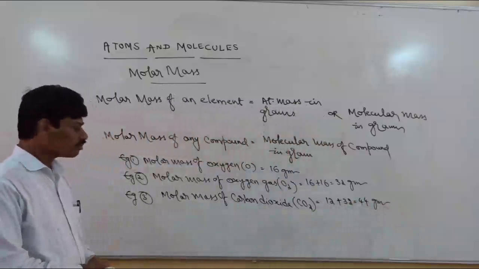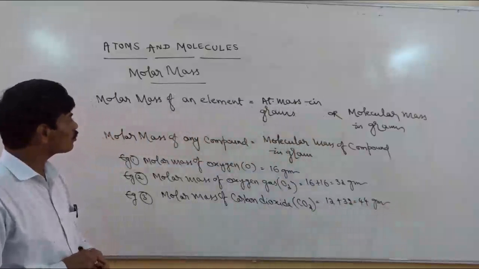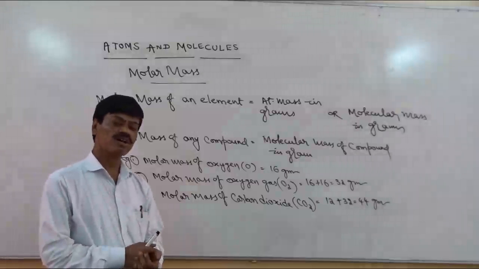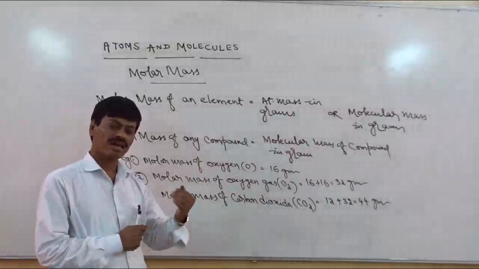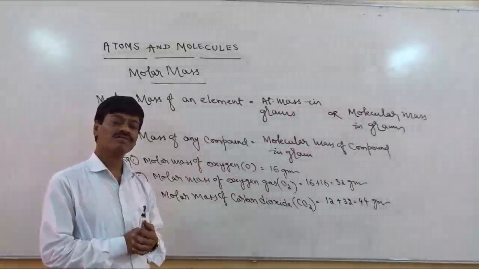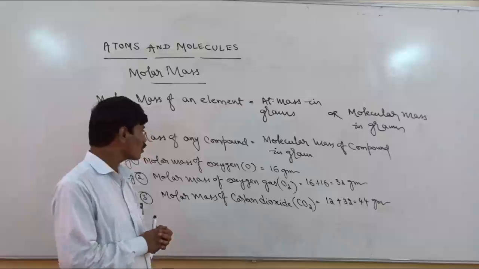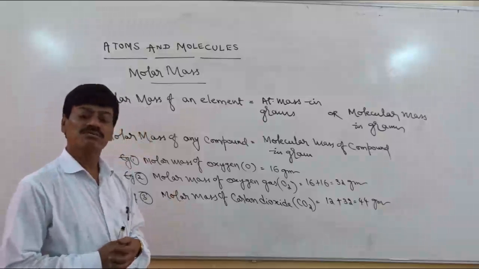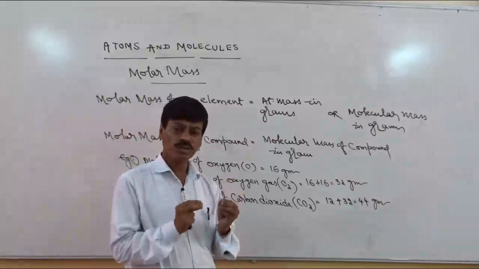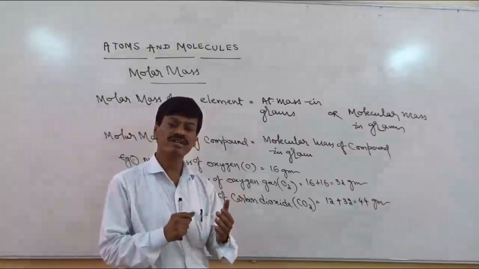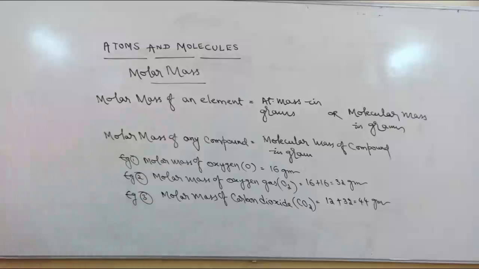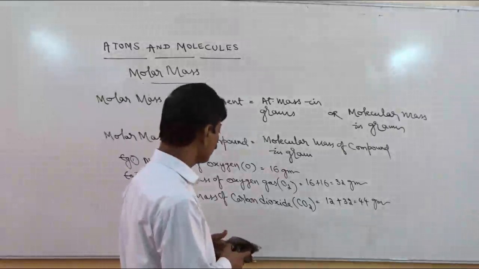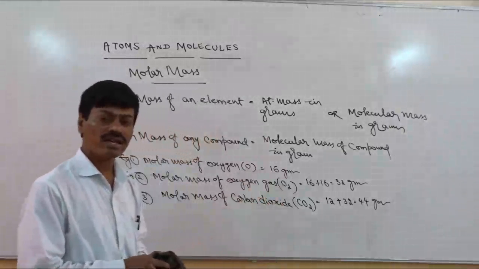So in that way molar mass is calculated. What we do in the case of molar mass is the same method by which molecular mass of the element or of the compound is calculated. But in place of U, that is unified mass, we write grams. That's all. So that's about molar mass in the case of an element like oxygen and in the case of a compound like carbon dioxide.